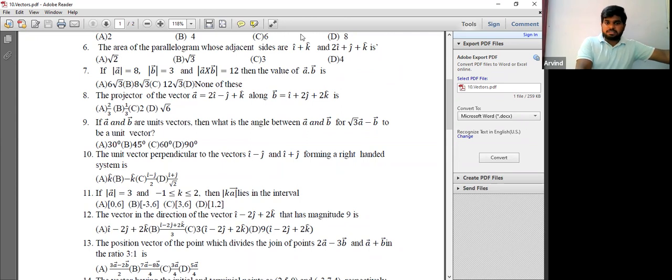A is i cap minus j cap, B is i cap plus j cap. So find the cross product of those two.